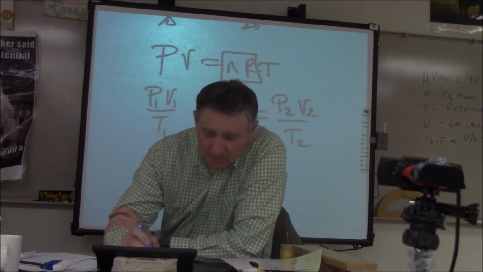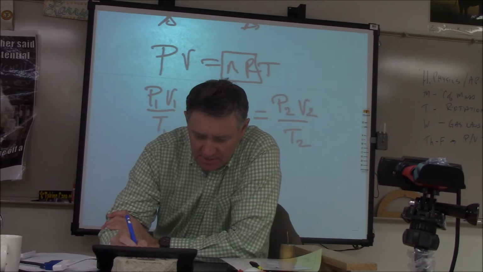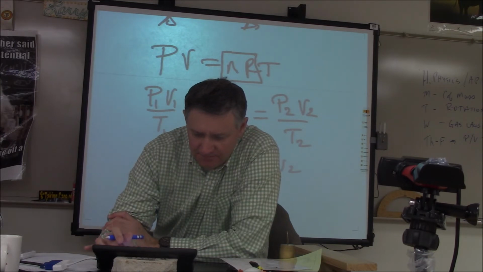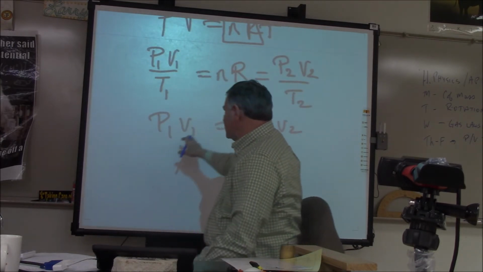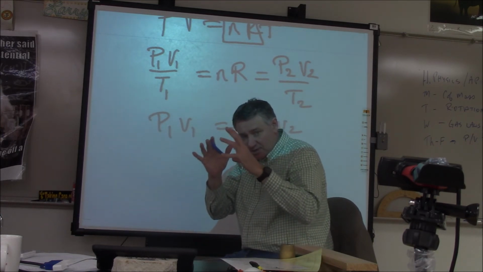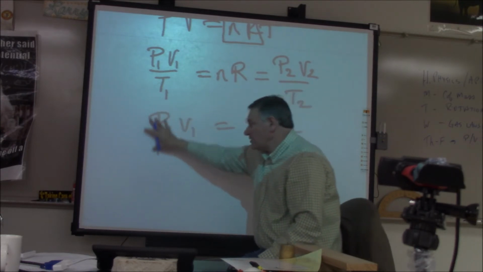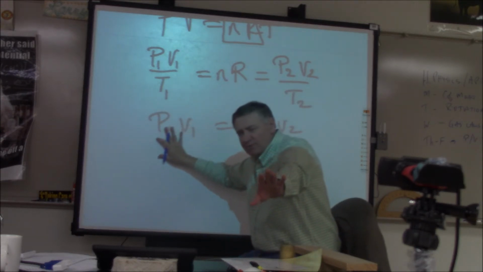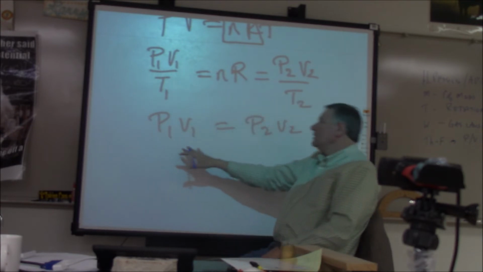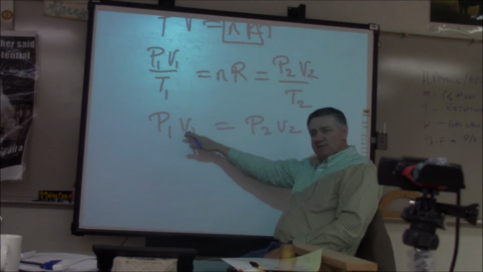So what we did with the balloon, we had P1 V1 equaling P2 V2, all right? So this was the initial set of conditions. We had some pressure within the bell chamber, and the balloon had a certain volume. So this side over here is going to be a number. I don't know what the number is, it's just going to be a number, okay? Now, this side over here has to be the same thing.